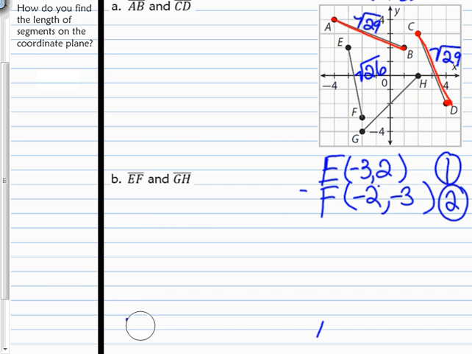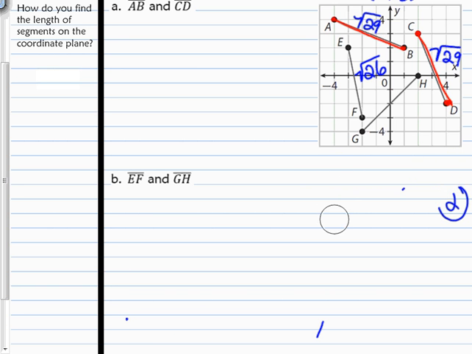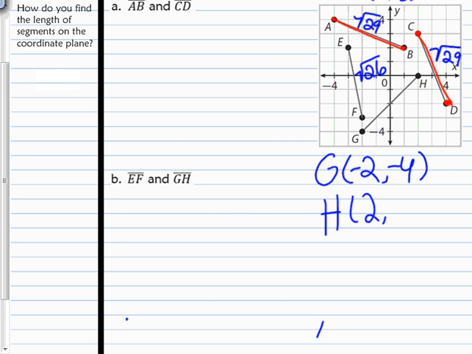And we will find coordinates for G and H. Look at that graph and see if you can figure out the coordinates for G before I write them down. Coordinates for G are negative 2, negative 4, and the coordinates for H are 2, 0.